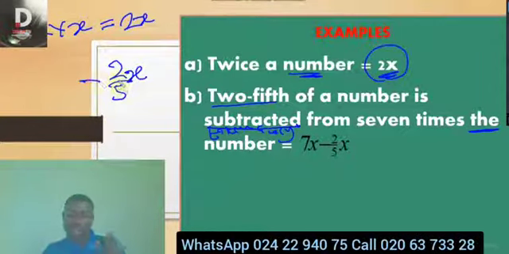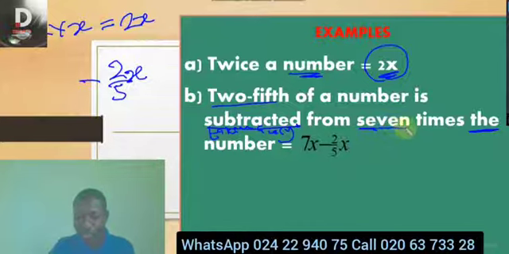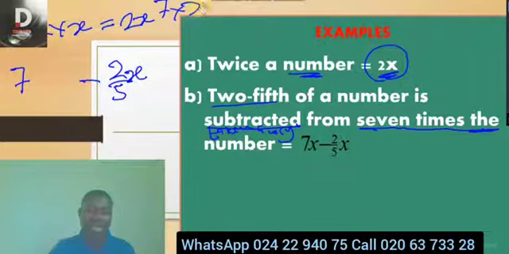That means there's something there, and this one, 2/5 of a number, is taken away from that thing. What is that thing? From what? 7 times the number. That can be written as 7 times the number. What is the number? The number is x, which we know already.